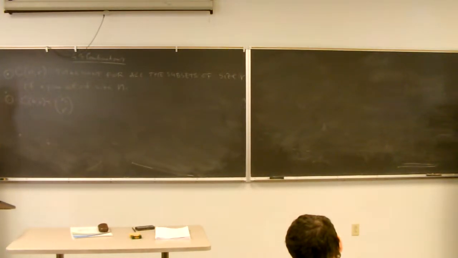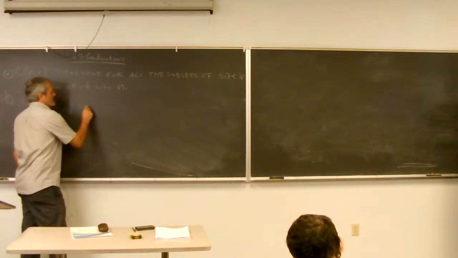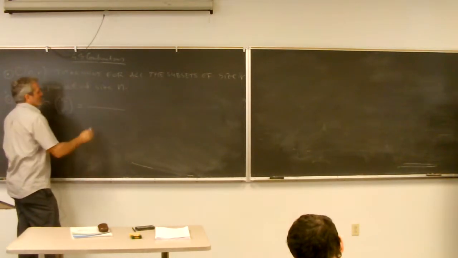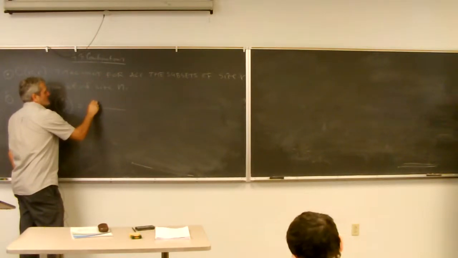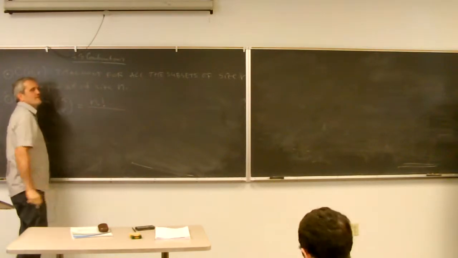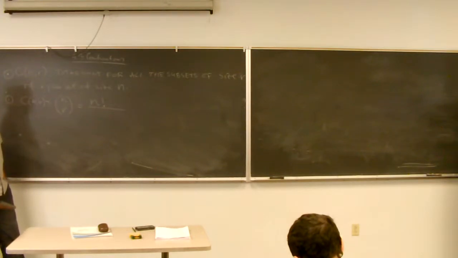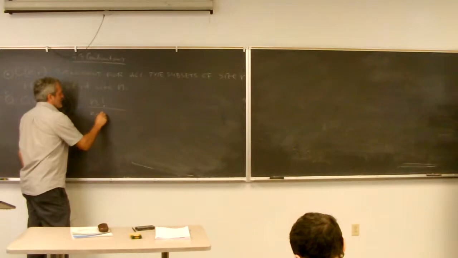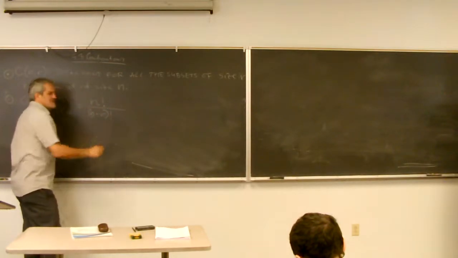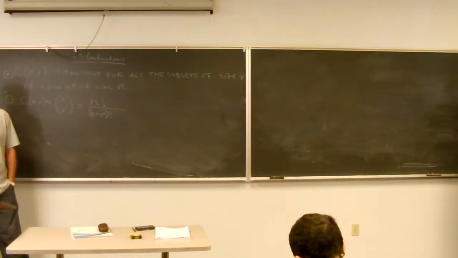So there is a formula for C(n,r), and let me give you immediately that formula. That formula looks like this. You take n factorial on top. You divide by n minus r factorial. Does this look familiar? Is this the formula for P(n,r)?